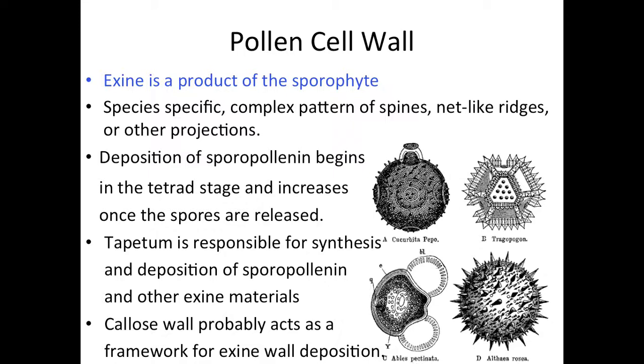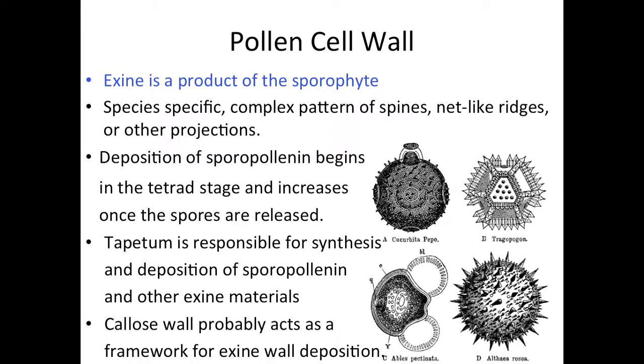So with hay fever, when certain plants are spewing their pollen into the air, it goes up your nose, and those ornamentations are highly irritating. Nobody's really sure exactly how the ornamentation is determined, but they think it has to do with the original framework of the callose cell wall in the microspores.